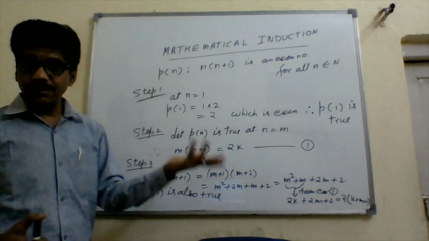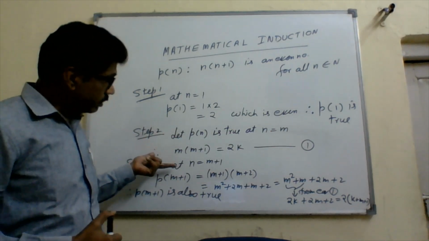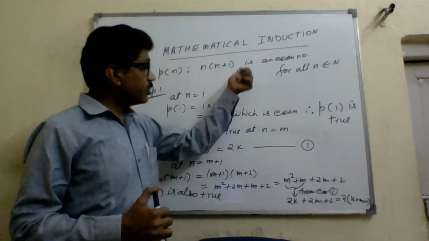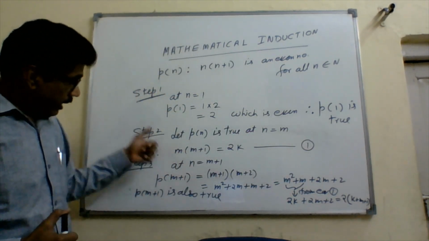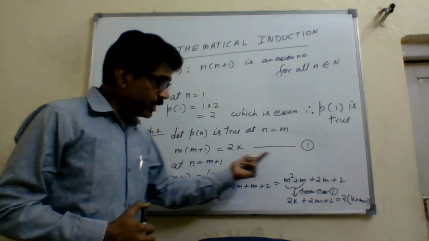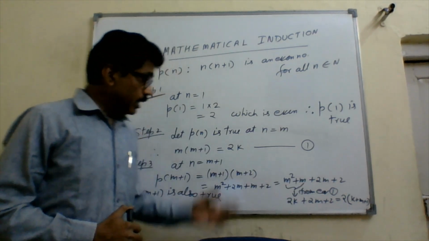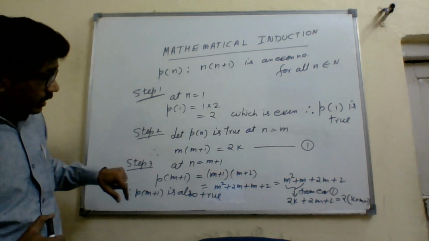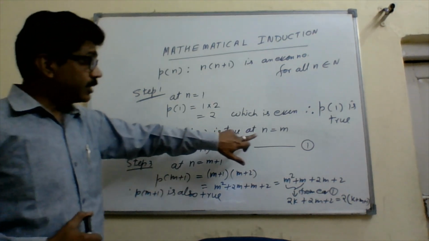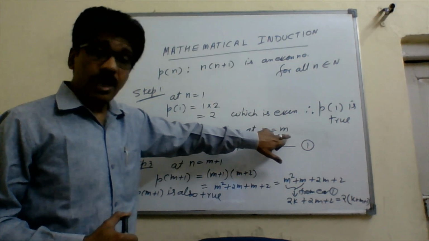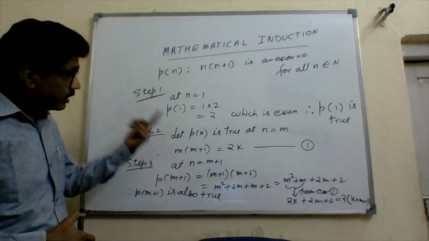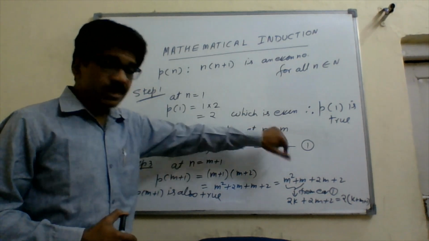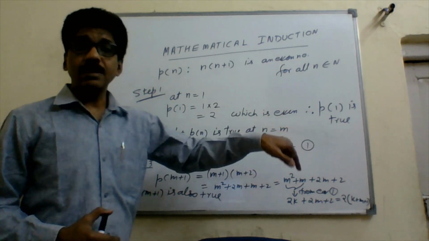Second step is of presumption, where I presume that this statement is true for some value of n, which is m, and accordingly the relation is created. Now, after presuming that this statement is true for n equal to m, we check and show that this statement is true for just the next number also, that is m plus 1.